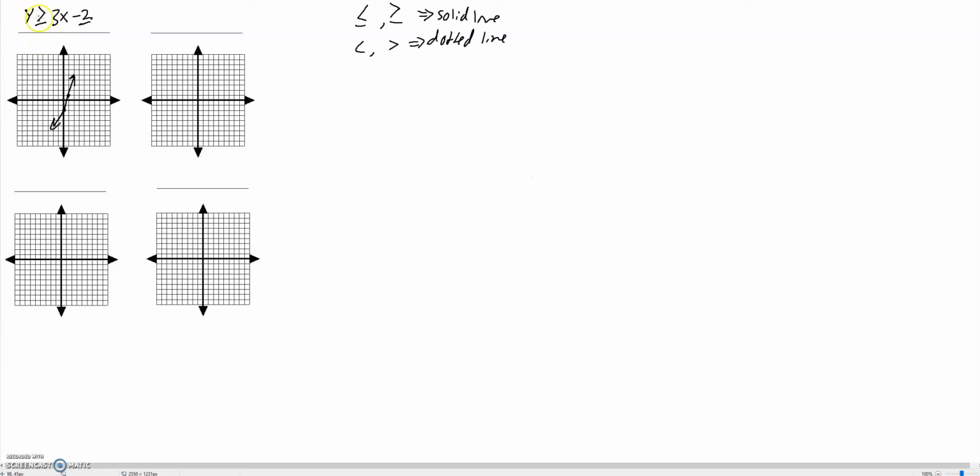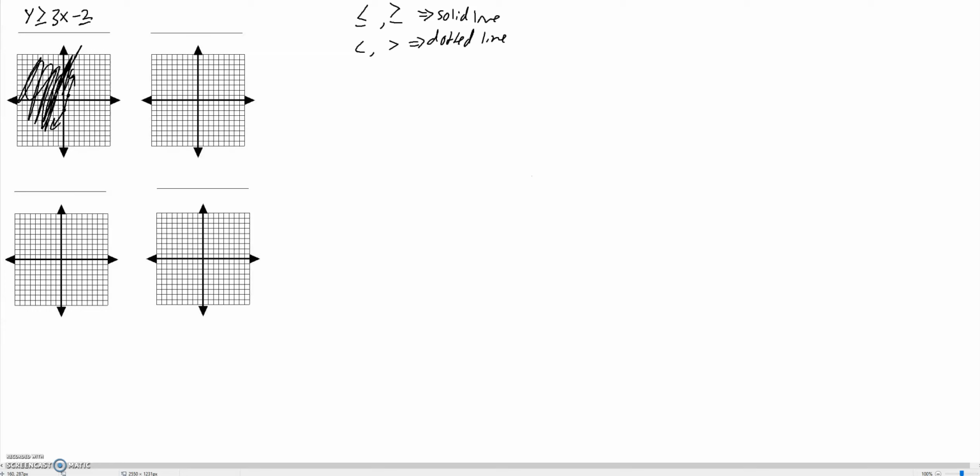That's why I think it's a good idea to get this into slope-intercept form, that is to say, y is greater than or y is less than. So then you can just look here directly. I'll shade above this line. That is my region for y is greater than or equal to 3x minus 2.